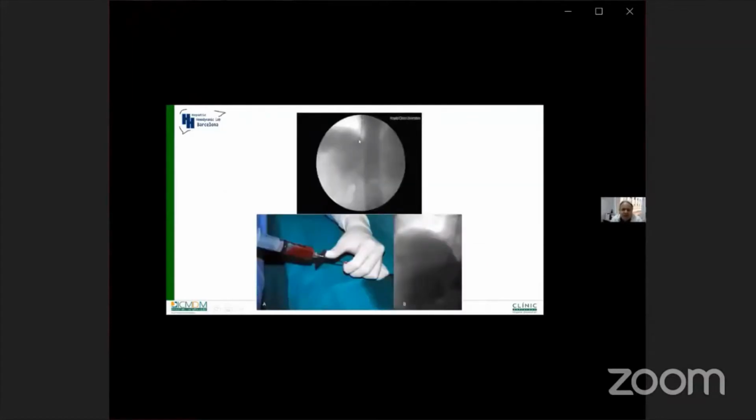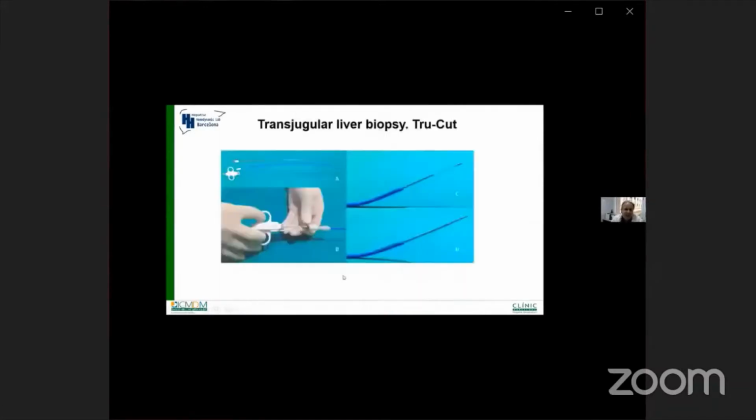This is the procedure: the catheter with the needle inside, and we puncture the liver while we promote aspiration to get a liver sample, puncturing the liver and crossing the wall of the hepatic vein.